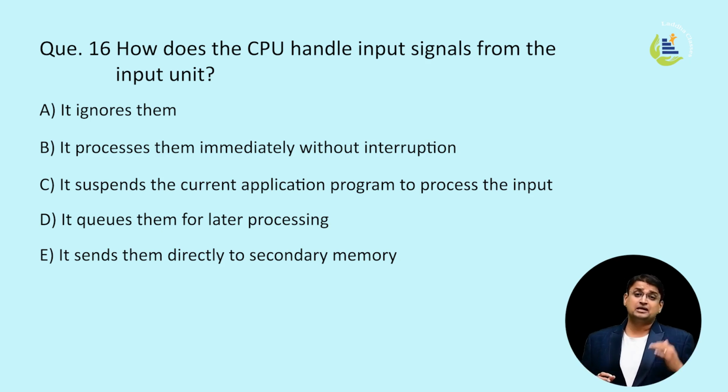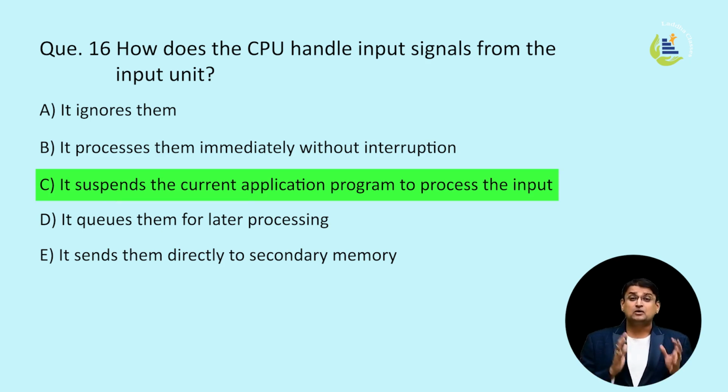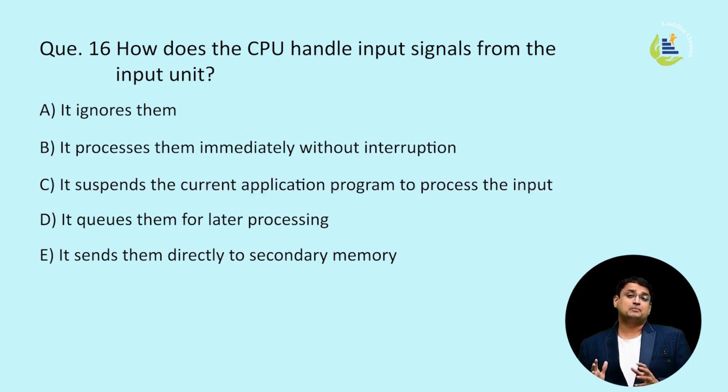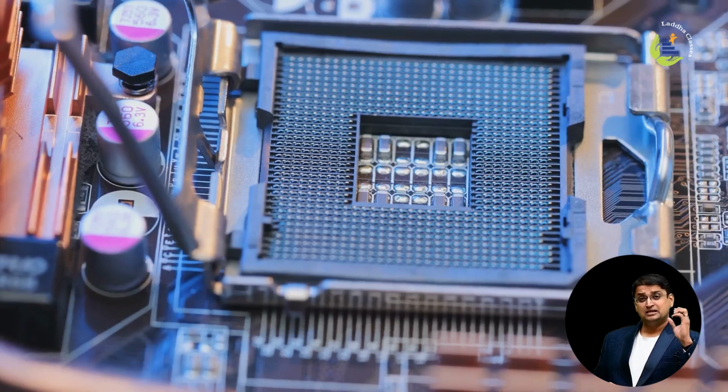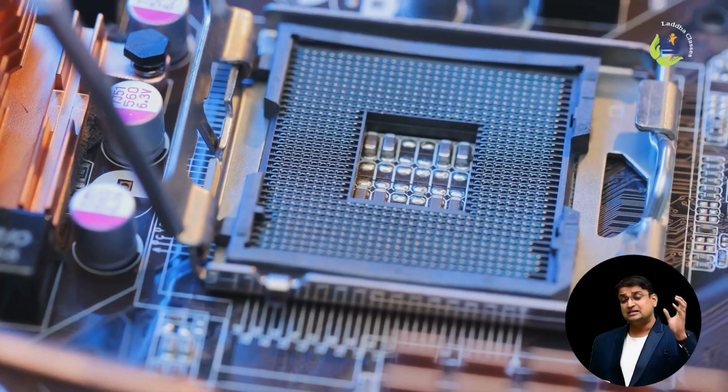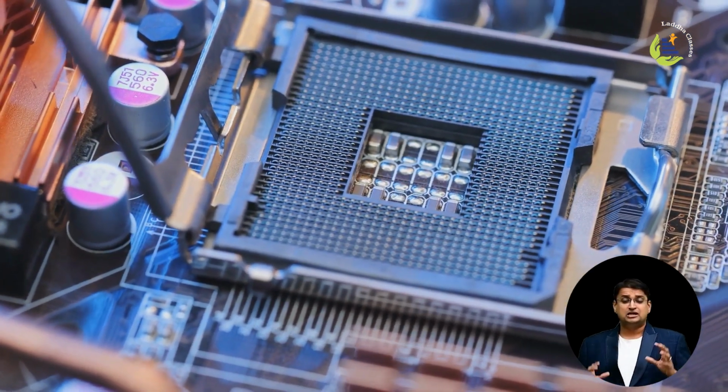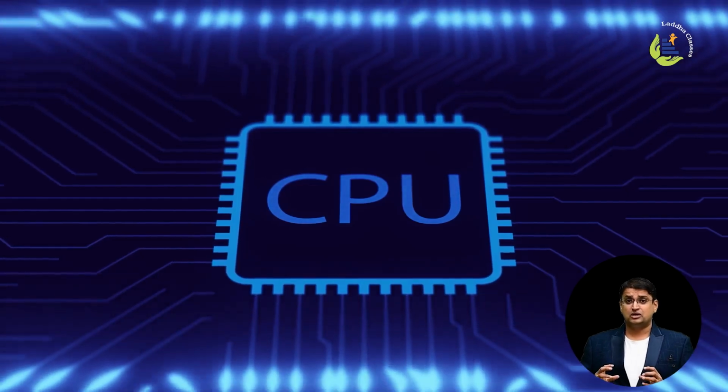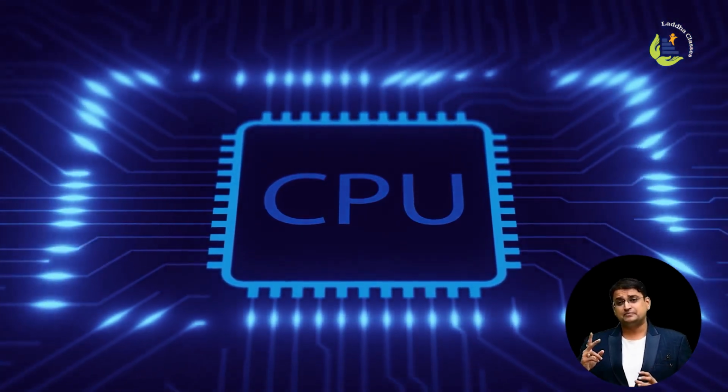Correct answer option is C, it suspends the current application program to process the input. Because the CPU pauses the current process to handle input signals in real time. The CPU doesn't ignore, queue, or directly store input signals in secondary memory.